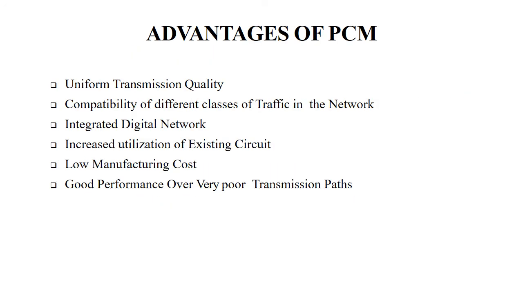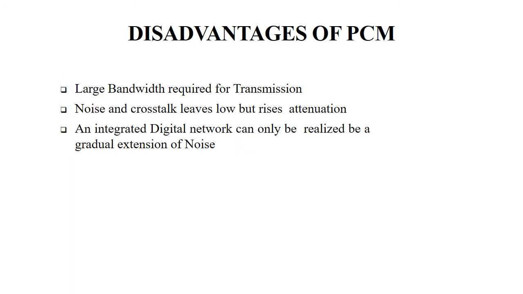Advantages: uniform transmission quality, compatibility of different classes of traffic in the network, and it can be integrated in digital networks. It has a low manufacturing cost, increased utilization of existing circuits, and good performance on transmission paths. The disadvantages are the large bandwidth required for transmission.